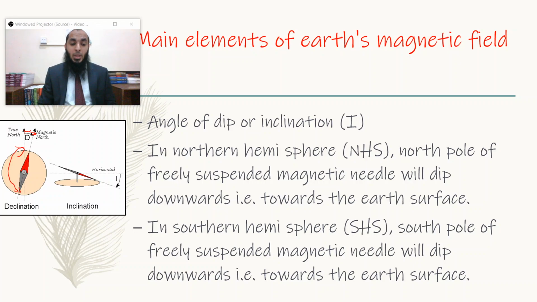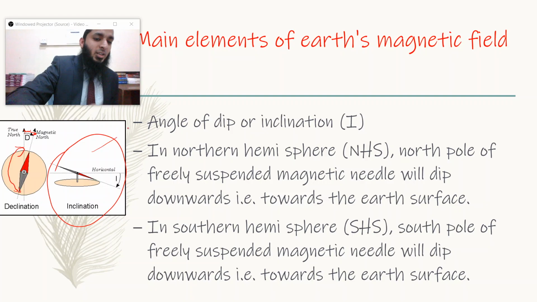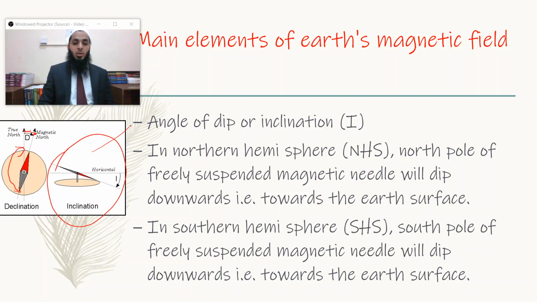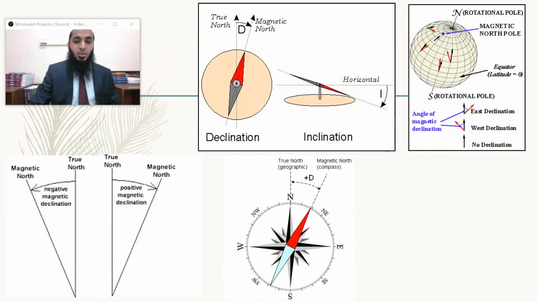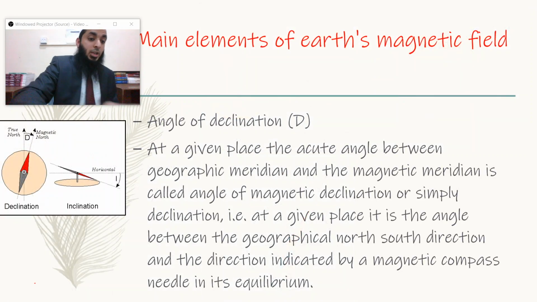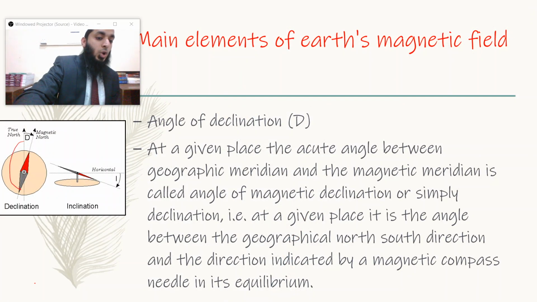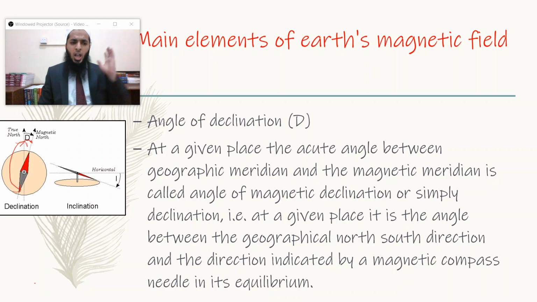Is that clear, everyone? Now, there is another figure of inclination. We will talk about this later because that will come later. Actually, we were in this slide. So here, this angle is not the angle of declination. This acute angle is the angle of declination. I hope it is clear.